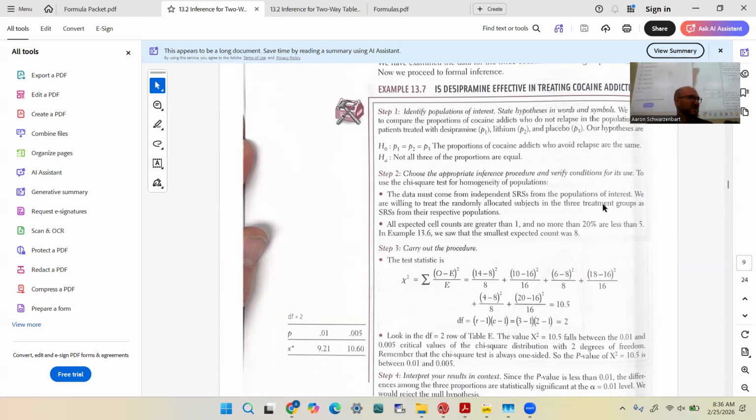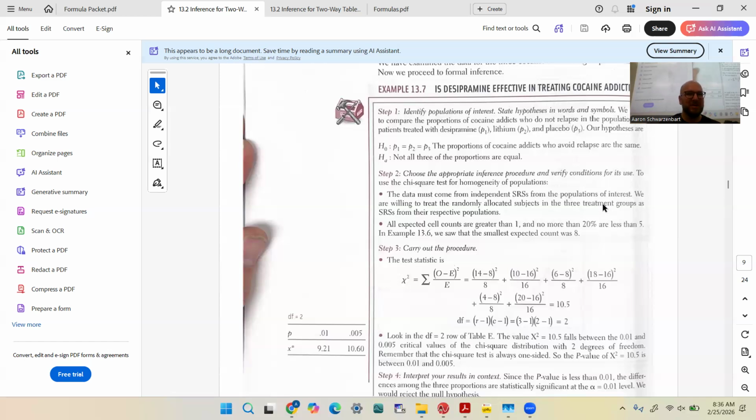And we're looking at the expected counts, not the actuals. The expecteds were all 8 and 16. So none less than 1 and no more than 20% less than 5 are your two conditions. Okay? So you can't expect any of them to have less than 1, period.